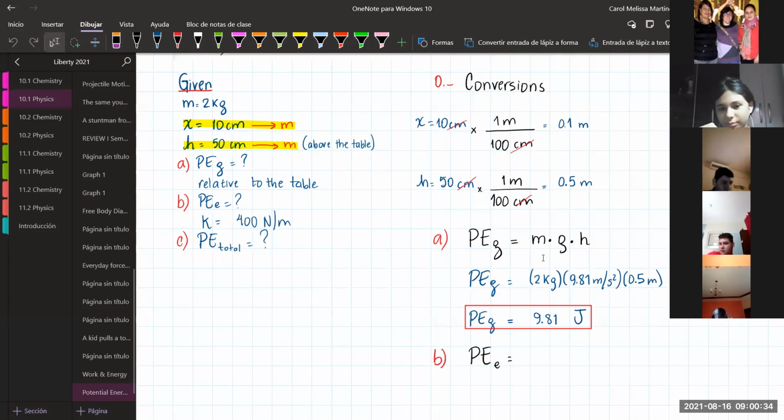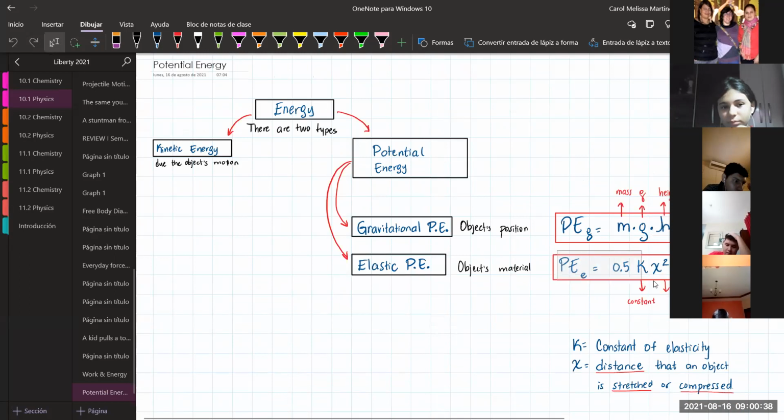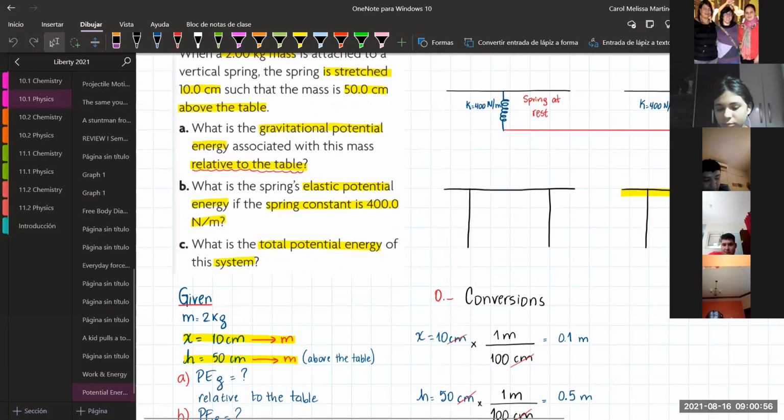I have the formulas here. PEE is equal to 0.5 k x to the second power, or 0.5 times the constant of elasticity times the stretch distance raised to the second power.